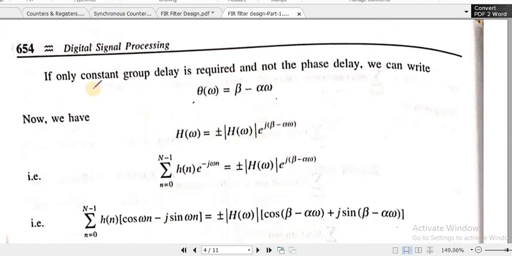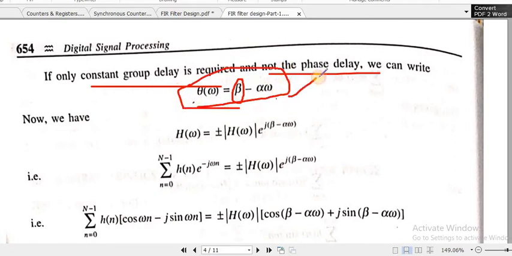we will say the constant group delay is the requirement, not the phase delay. Meaning in the previous case, what I said was that theta omega is equal to minus alpha omega. So this beta is not there, minus alpha omega. In that case, the group delay and phase delay are both constant. Now if the constant group delay is our requirement, but the phase delay can vary, this is the equation.